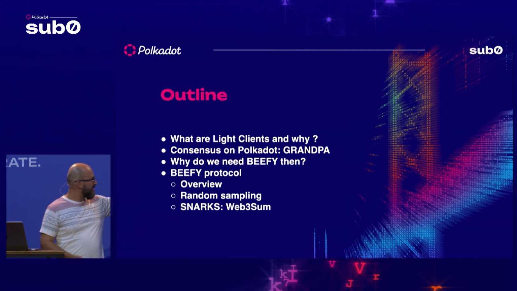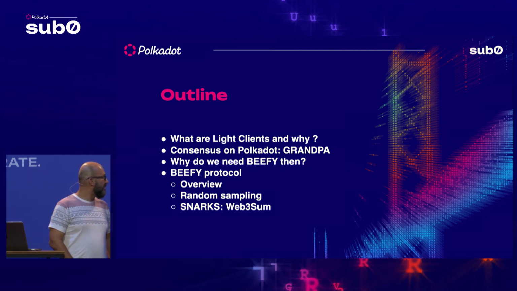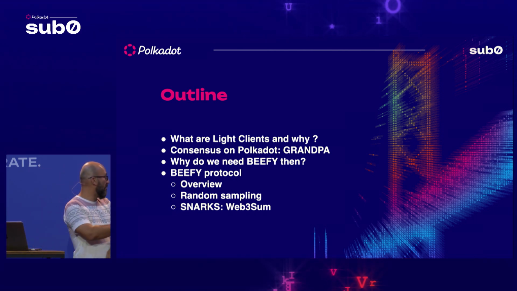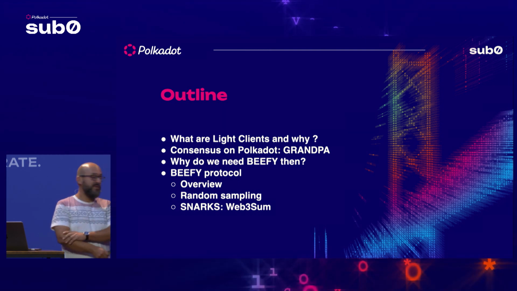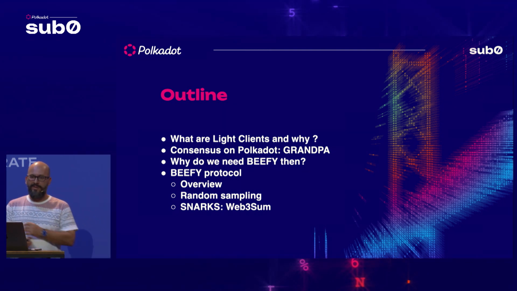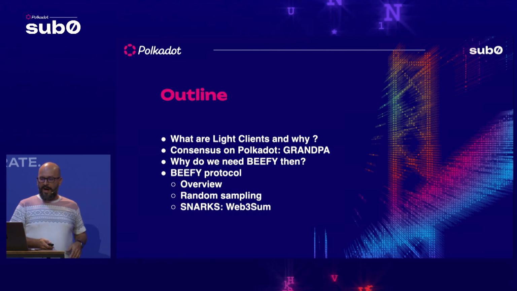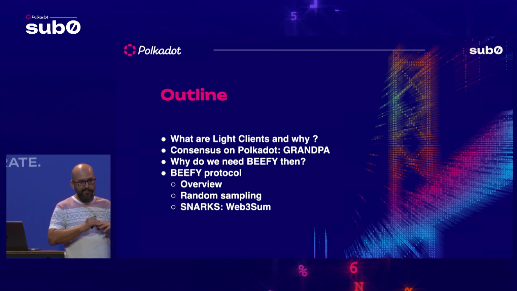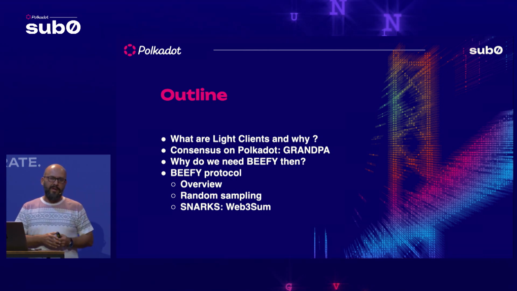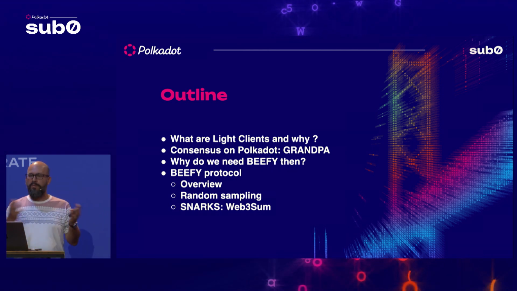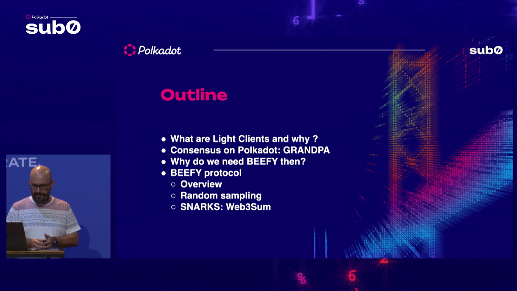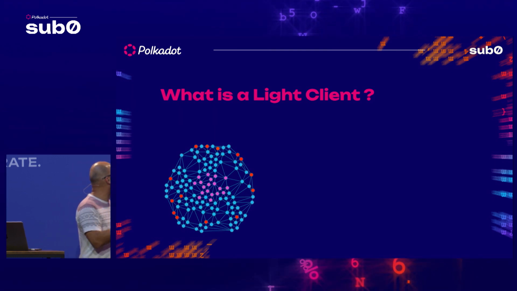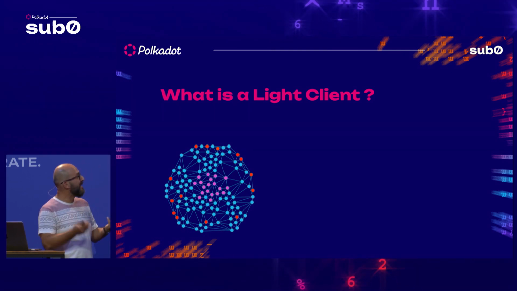So we are starting by giving some definitions about light clients. We are going to talk a little bit about consensus on Polkadot and try to understand why you need BEEFY. And after that, we are going to give an overview of the protocol and show both ways of implementing that.